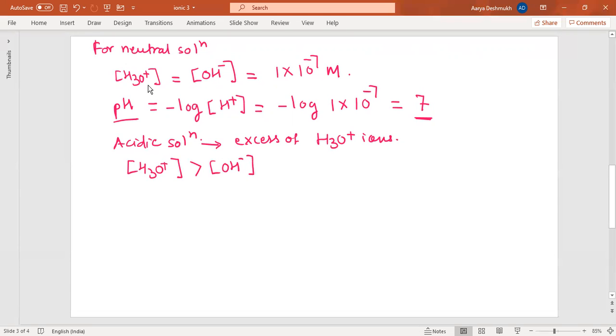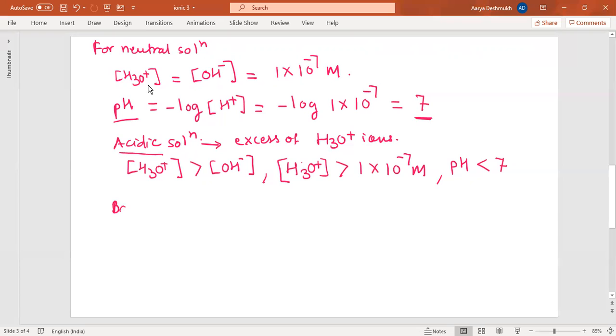It means that the concentration of H3O plus is greater than 1 into 10 raised to minus 7 molar. It means that obviously the pH for this will be less than 7. Means if the pH is less than 7, the solution is found to be acidic.